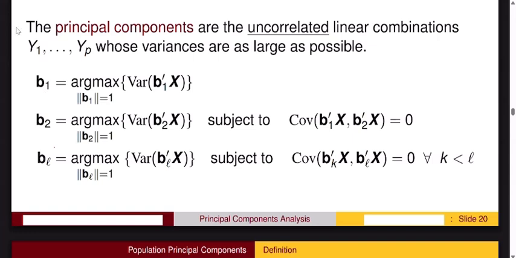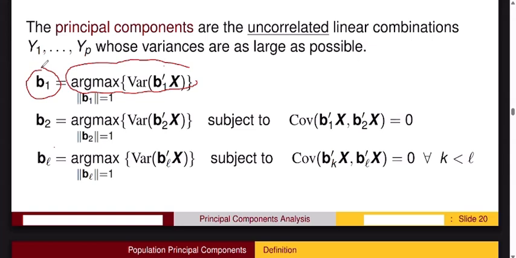What I'm going to do is seek to maximize the variance of the first principal component. What would be the values of the parameter that will enable me to do so? That is what this is talking about.